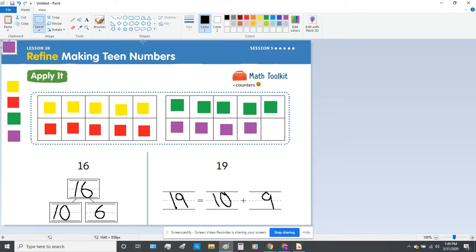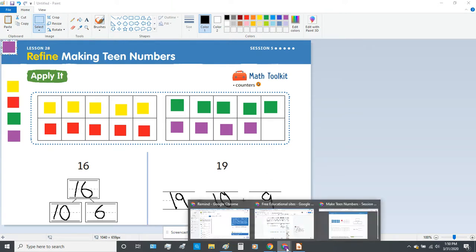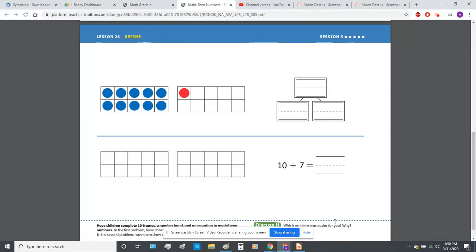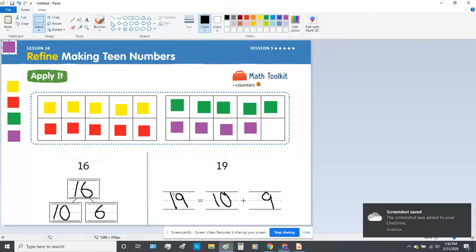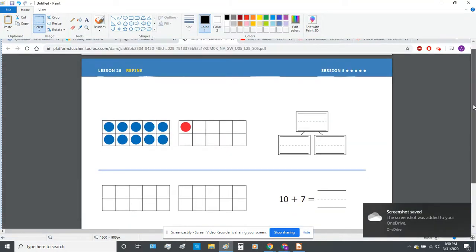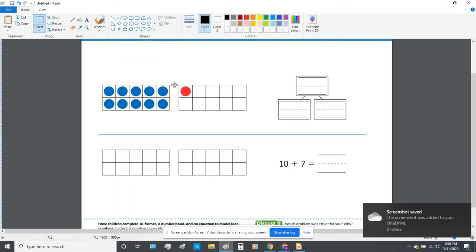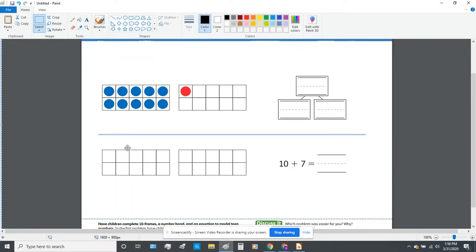So that when you flip that page over, the last page you will need looks an awful lot like yesterday's work as well, where they give you the tens frames, and then you'll have to break apart the number bond and then an empty tens frames to show the addition statement. So let's take a look real quick at what this is.